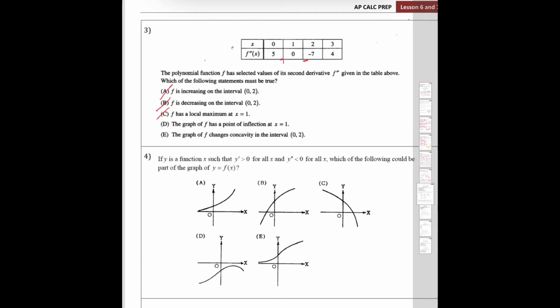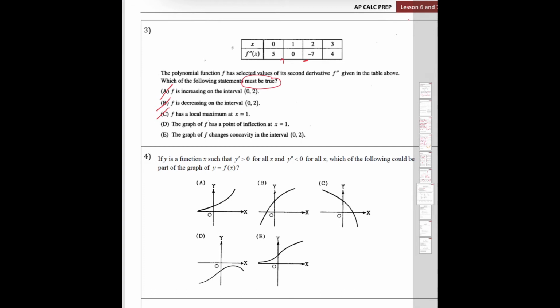However, this can't be the choice because we do not know all the points around 1, like what's happening at 0.9 or 1.1. Maybe at 0.9 it's going from a negative to a positive or something like that. So we really can't say it is true because we want to find what should be true all the time.